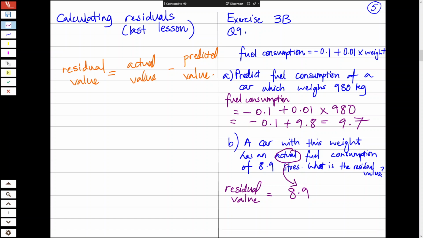When they give you a real data point, that's the actual value. And then the predicted value comes from using the equation that you get from the data. The residual value is negative. So that means that your prediction was larger than the actual value.